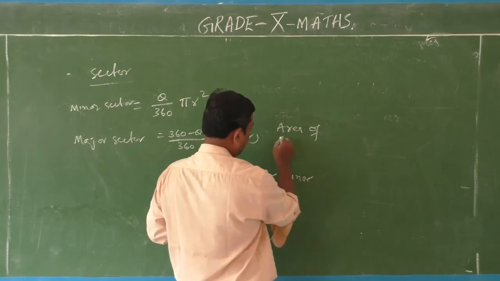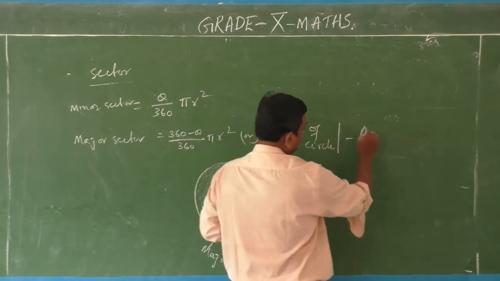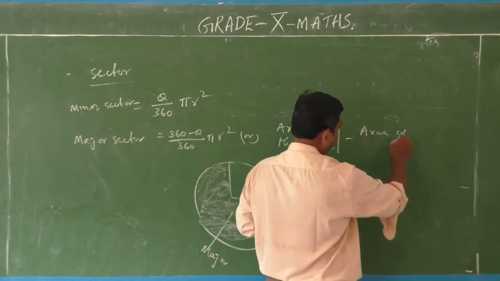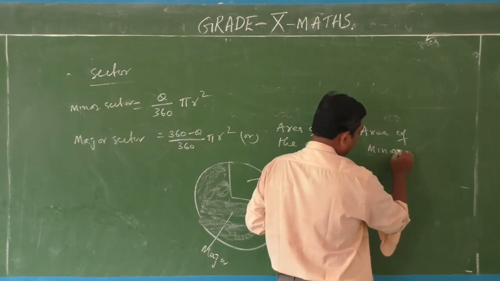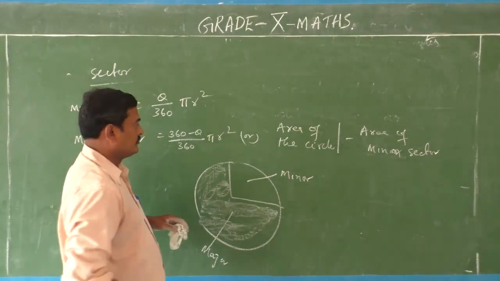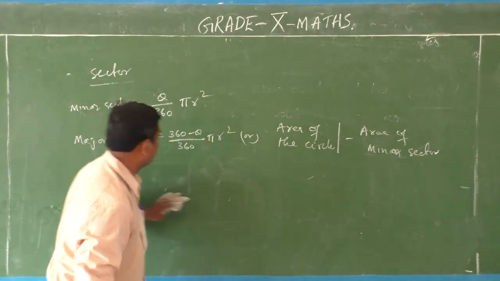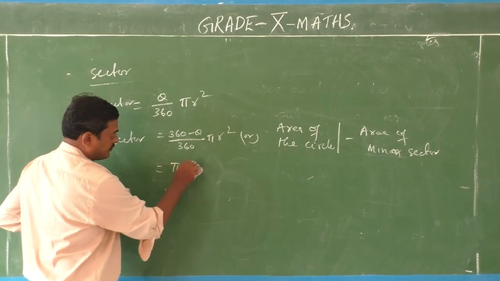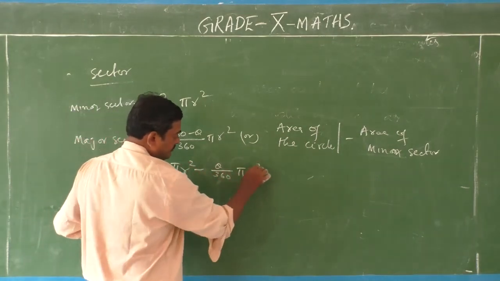or area of the circle minus area of the minor sector. What is the formula for the area of the circle? Pi r square minus theta by 360 pi r square.